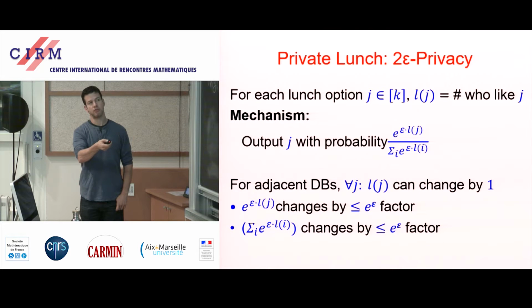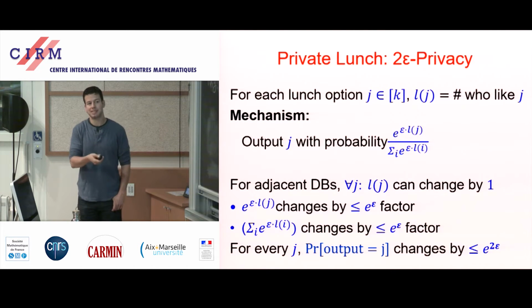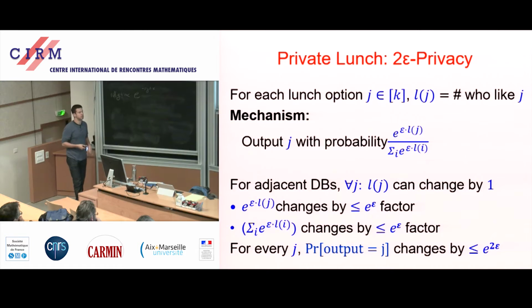And similarly, every summand in the denominator can only increase or decrease by an e to the epsilon factor, so this whole sum can only increase or decrease by an e to the epsilon factor. In the worst case, the numerator increases by an e to the epsilon factor and the denominator decreases by an e to the epsilon factor. But in total, this probability only changes by an e to the 2 epsilon factor. So that gives us 2 epsilon differential privacy. And now we can have lunch.